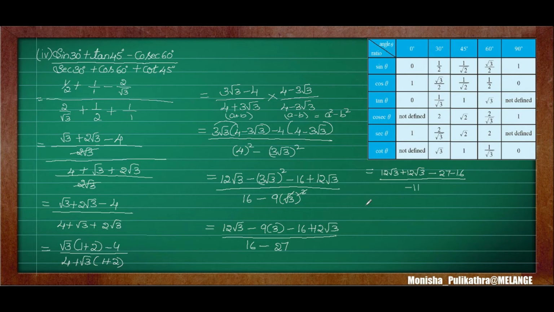So next, 12 root 3 plus 12 root 3, here root 3 will be common. If root 3 is taken as common, 12 plus 12 is 24. So it will become 24 root 3 minus, minus into minus plus. So we need to add it. So it will become minus 43. Okay, minus 43 whole divided by minus 11.